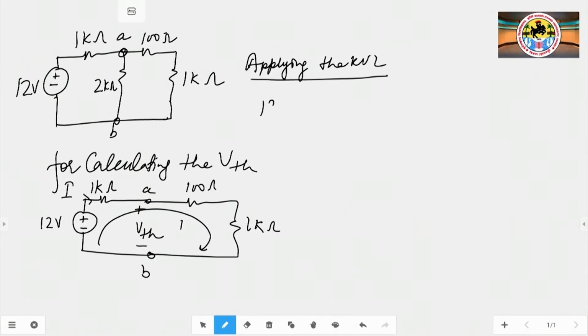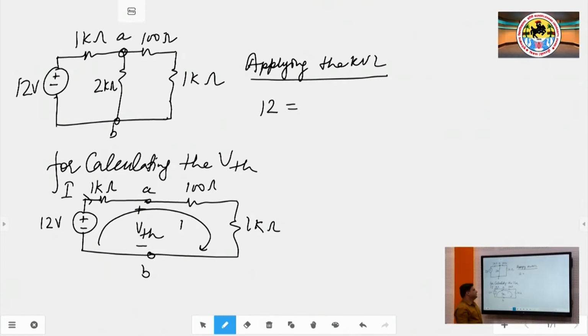So, if we move through the battery from negative to positive, we take the value of plus 12 volt, and if our loop direction is the same as the current direction, then it is taken as positive.